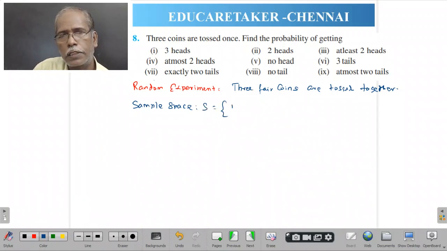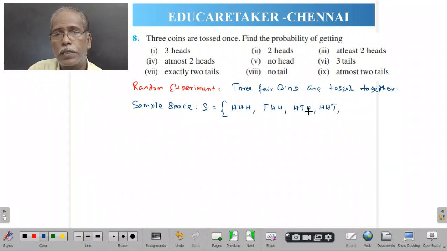All three heads, then the number of heads reduced by 1, that is 2 heads and 1 tail: the tail first, then the remaining 2 heads; head, tail, head; head, head, tail.